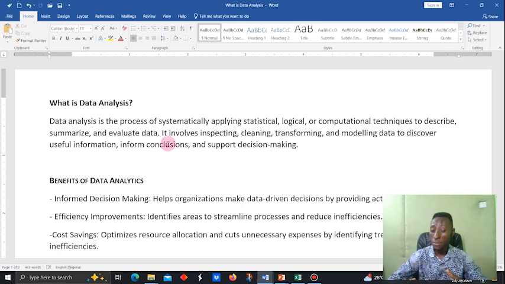In short form, data analysis is simply applying statistics and logic to summarize data. It involves inspecting, cleaning, transforming, and modeling data to discover useful information, inform conclusions, and support decision making. In the long run, we're going to be seeing all of this in a very practical aspect.